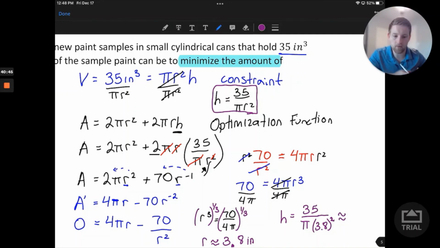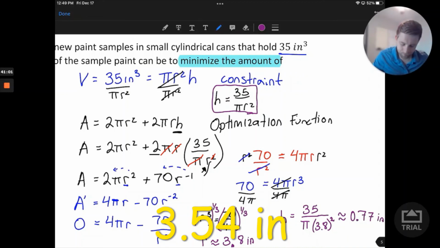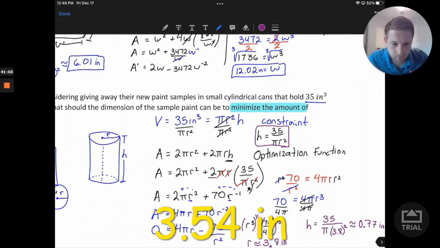It might come out a little bit different with the order of operations there. Make sure the pi and the 3.8 squared is grouped. You should end up getting approximately 0.77, rounded to 2 decimals here. And that's again in inches for that final dimension.